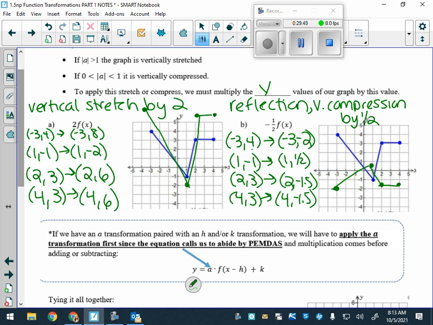So if you notice the difference, actually seeing it firsthand, the stretch, everything gets longer, okay? Compression, it gets shorter, okay? Questions? Yep. Correct. Okay.